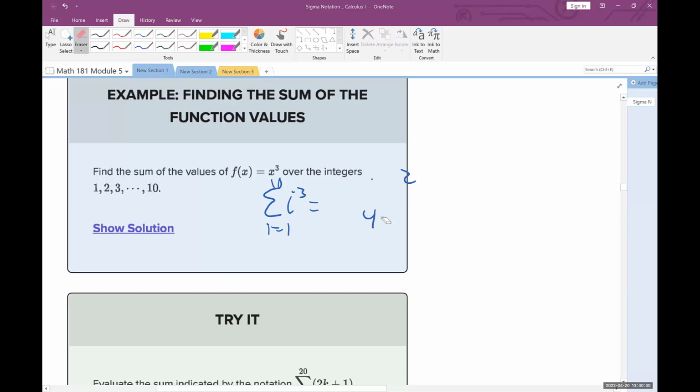I guess I should just say 10. Did you say 10 or n? I said n. 10 squared times 10 plus 1 squared over 4. So that's 100 times 121 divided by 4, and we get 3025.